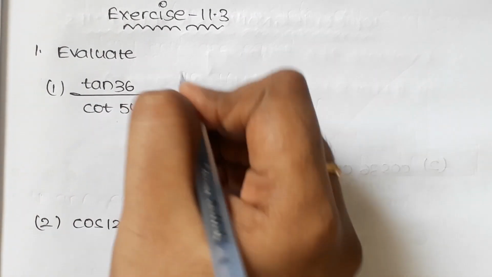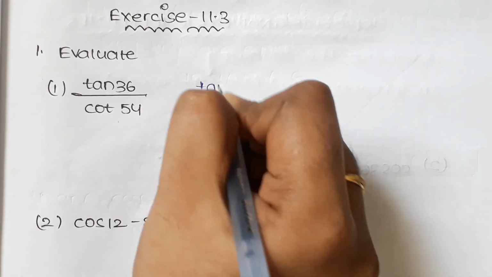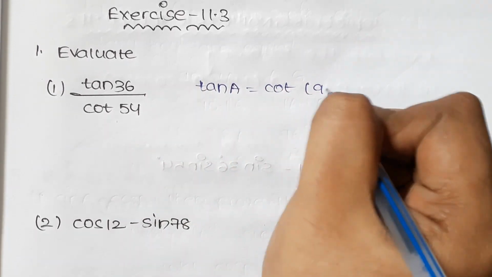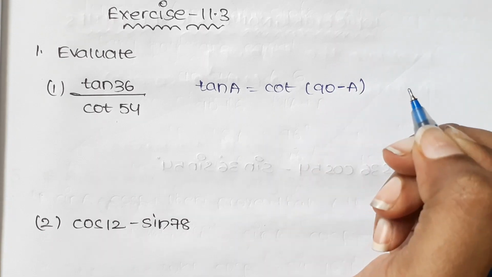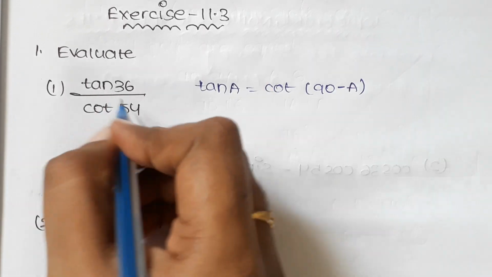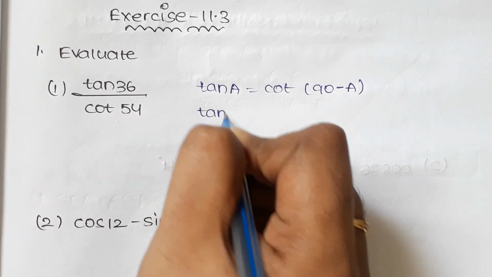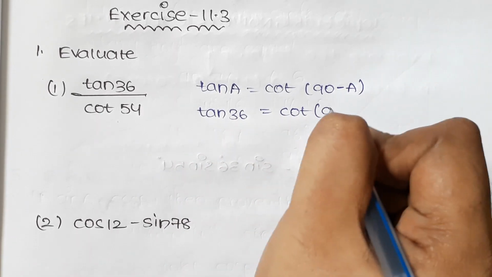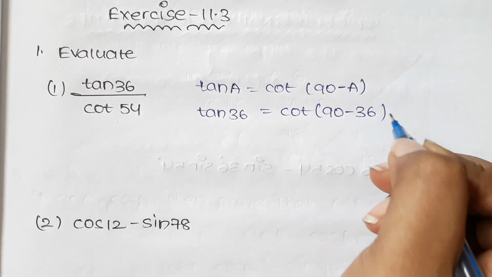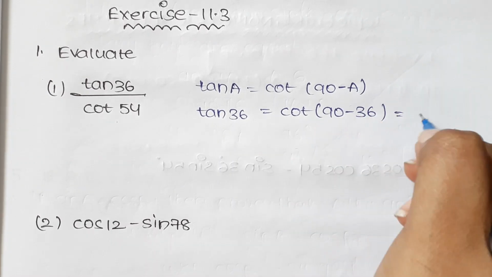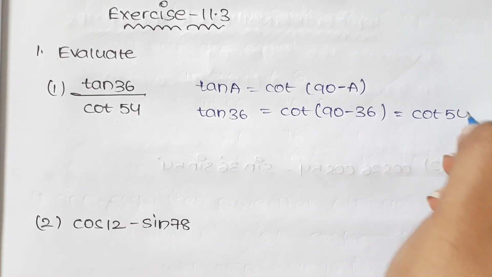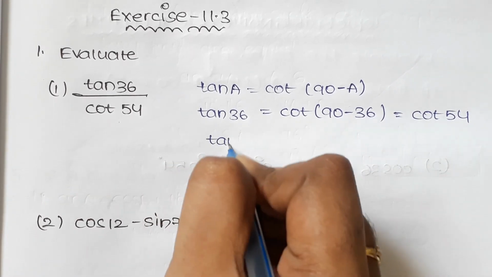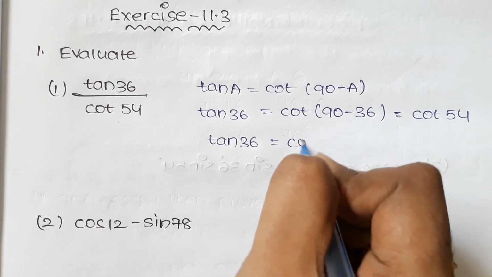We already know that tan A equals cot 90 minus A. And now tan 36 equals cot 90 minus 36. Cot 90 minus 36 is nothing but cot 54. So tan 36 equals cot 54.